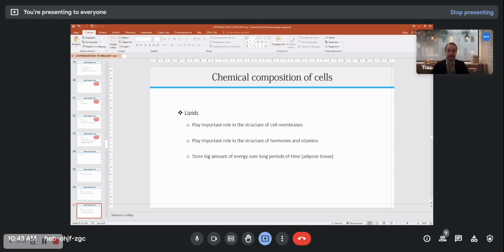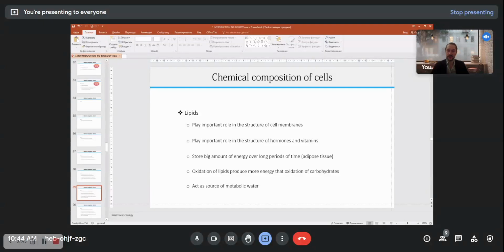And also, due to recent advances, regenerative medicine started to use adipose tissue as a source of stem cells that represent a very big hope of medical science in terms of development of new treatment strategies for different types of diseases. Oxidation of lipids produces more energy than oxidation of carbohydrates. So as you can see, lipids can provide us with a big amount of energy.